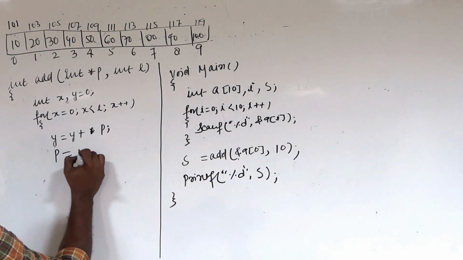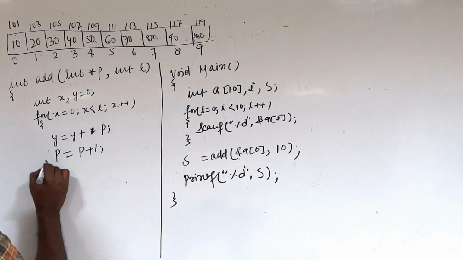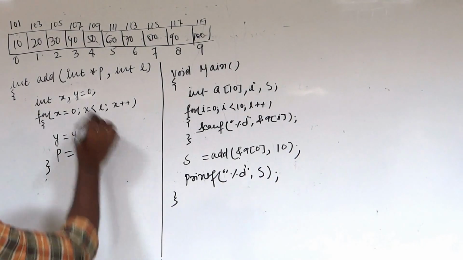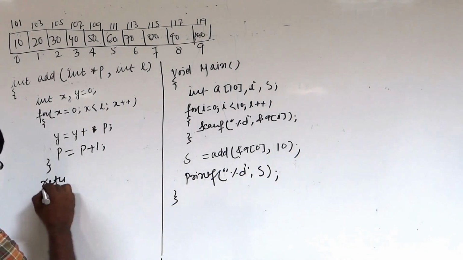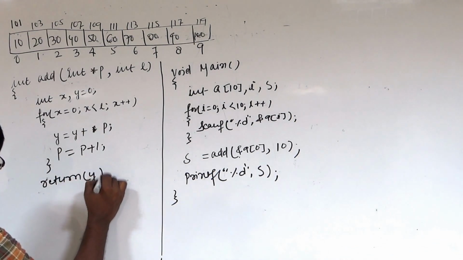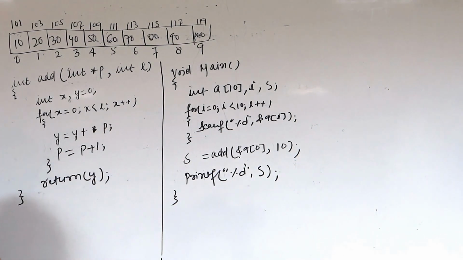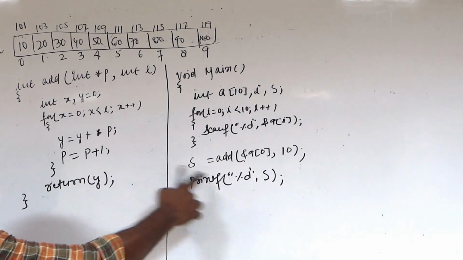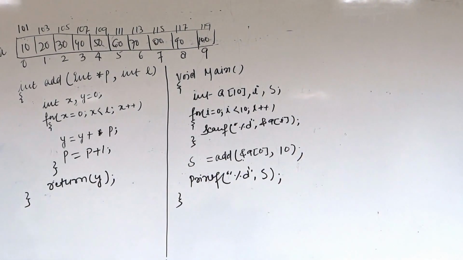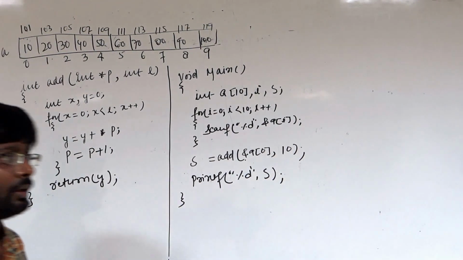And here p equal to p plus 1, and after completion of this for loop, we will return y, because y has the sum of all the elements. Now the value of y will be received by s and s will be printed. This is very simple.